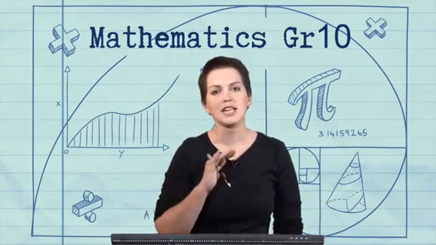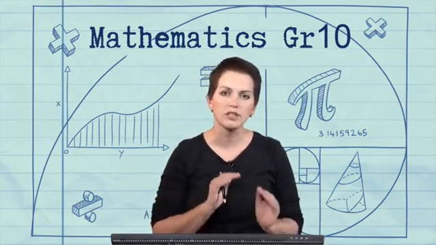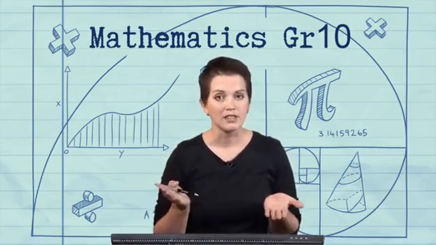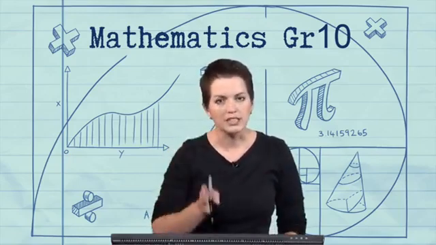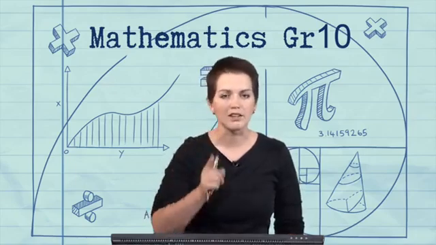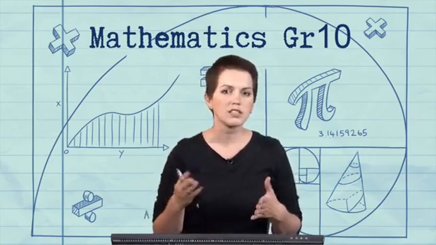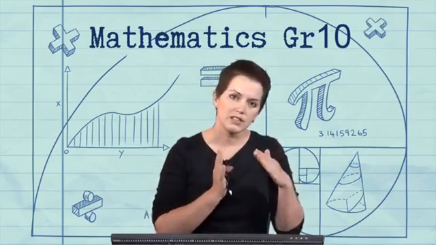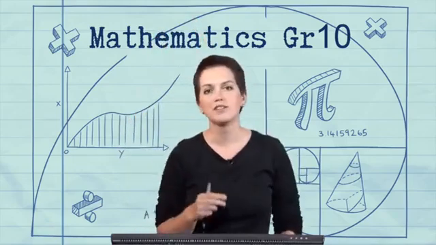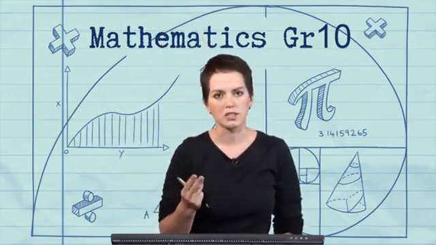So that means the tan graph will never ever exist at 90 degrees. Now we mark that point with an asymptote, and an asymptote is a dashed line that we just put in to show that the tan function is going to carry on getting closer and closer to it, but it will never ever touch it or cross it.